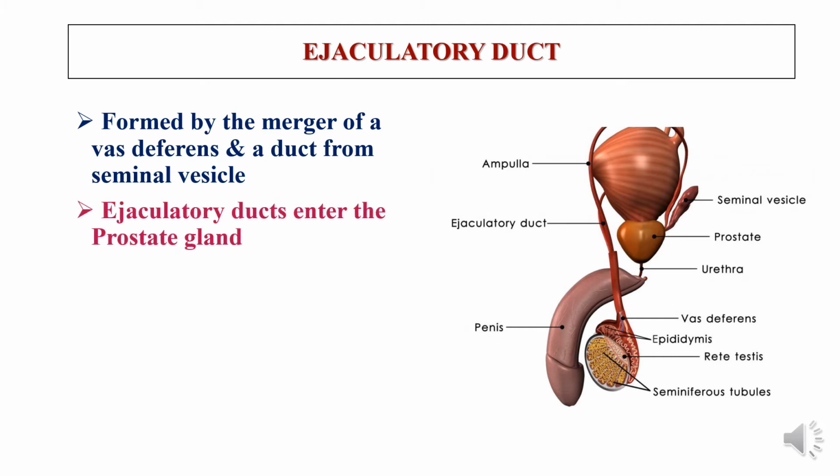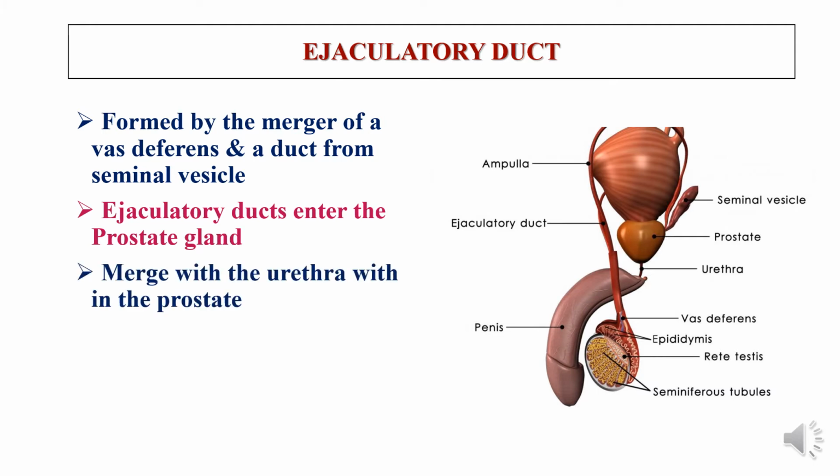The ejaculatory ducts enter the prostate gland and merge with the urethra within the prostate gland, continuing as the urethra.